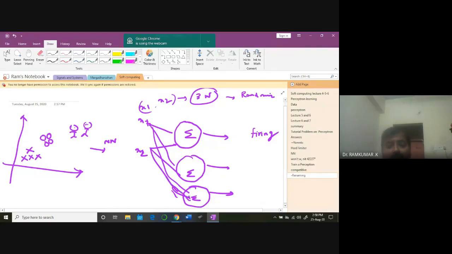Can you guess? You know that very well. Whichever weight vector connected to a particular neuron is somewhat closer to a particular pattern, you know that angle, so naturally that particular neuron is going to go high.